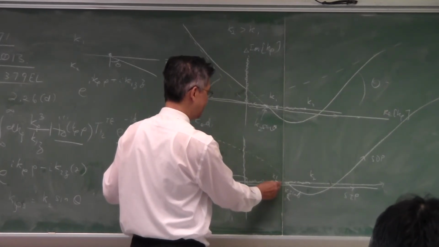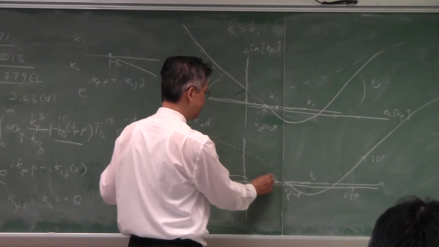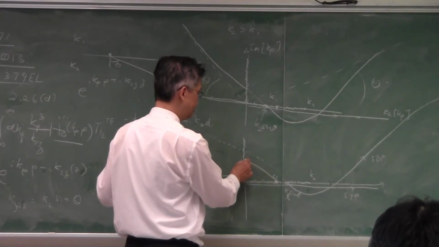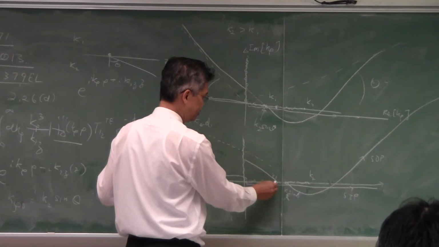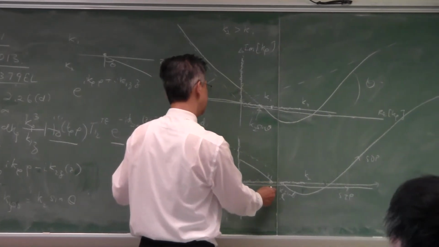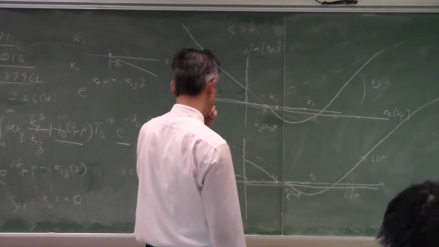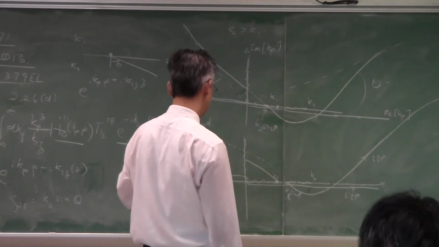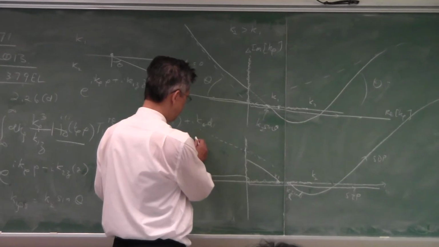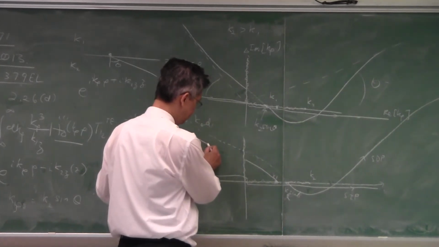The SDP that goes through k_1 will look something like this on the topmost Riemann sheet. Let's start from here. It will be on the topmost Riemann sheet over here.